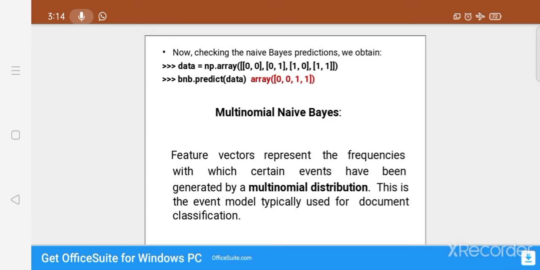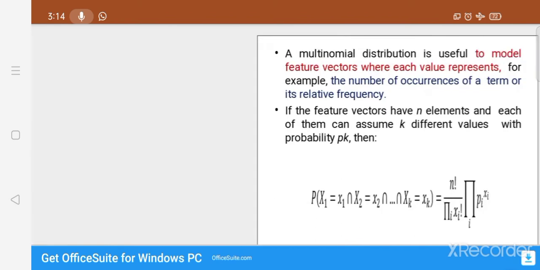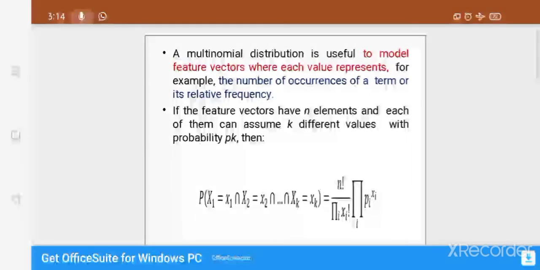This is the event model typically used for document classification. A multinomial distribution is useful to model a feature vector where each value represents, for example, the number of occurrences of a term or its relative frequency, that is, the frequency of occurrence of a particular term in a particular document. To calculate that, this distribution is useful.